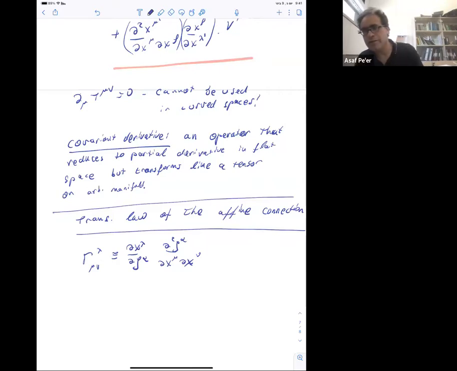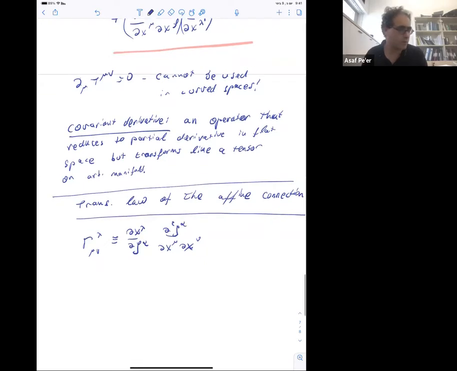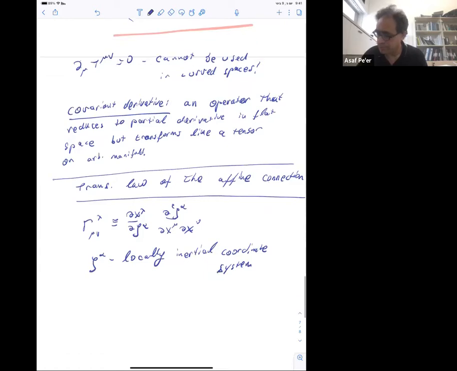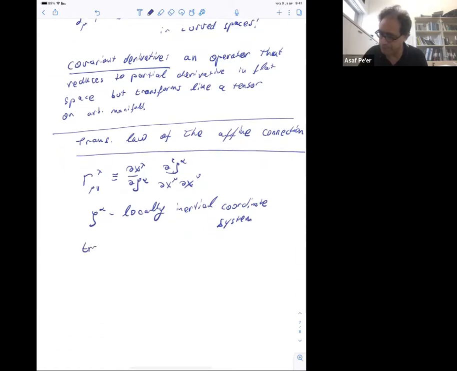Now we want to change from x mu to some other coordinate system, x mu prime. So psi alpha is a locally inertial coordinate system. Now we transform from x mu to x mu prime.